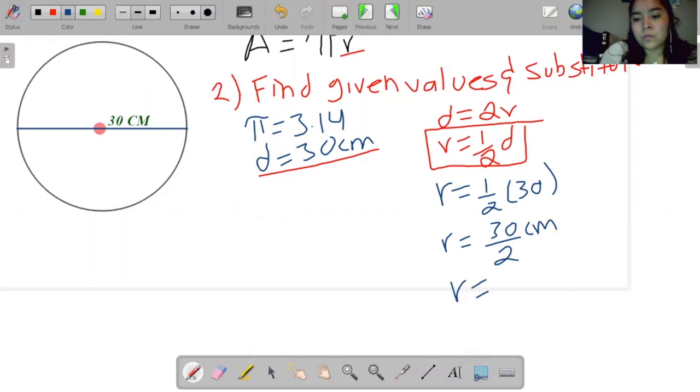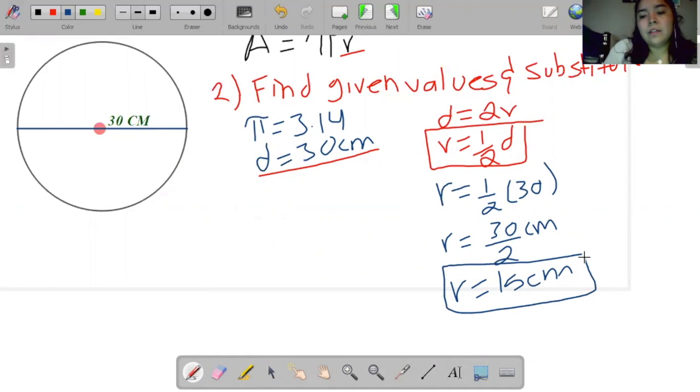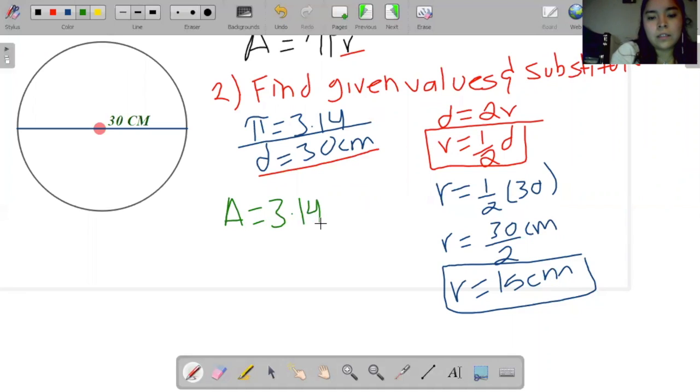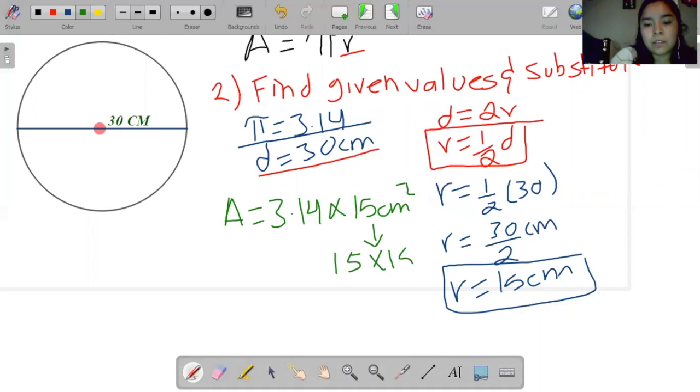So r is equal to 15 centimeters. So now we know our radius. Let's substitute the radius and the pi into our formula. So now it's going to be A is equal to 3.14 times 15 centimeters square. And remember that 15 centimeters square can also be written as 15 times 15.